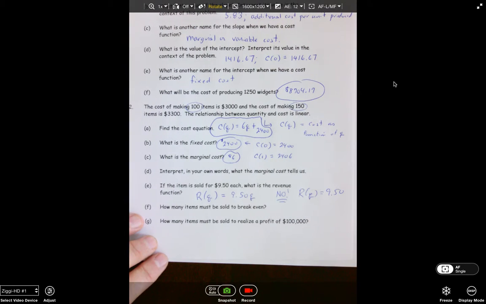They don't use the Q. Well, what that tells you is that the revenue is never changing. It's always $9.50, and it doesn't vary according to the quantity. It's a constant. If you have a quantity of 10 or 10 million, your revenue is $9.50. That makes no sense. Revenue has to vary according to the quantity. So guys, just from teaching this class a lot, always make sure you put the Q there.